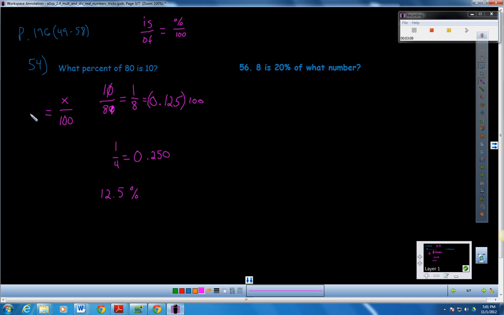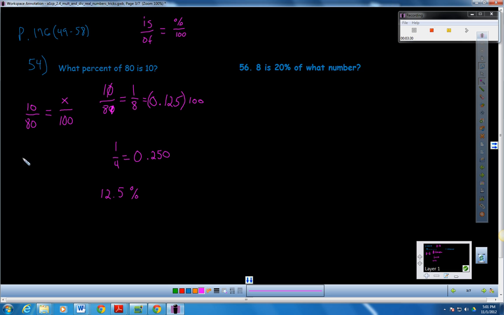It leaves me less room for error. Over here on the left-hand side, I see of 80. What percent of 80 is 10? So of correlates with 80. Is correlates with 10. And if you look at that, all I'm doing is taking 10 and dividing it by 80 there. Then I'm multiplying it by 100.